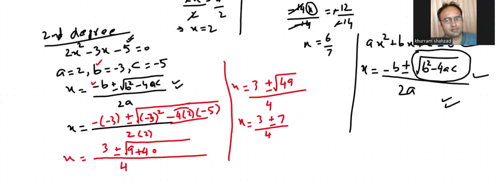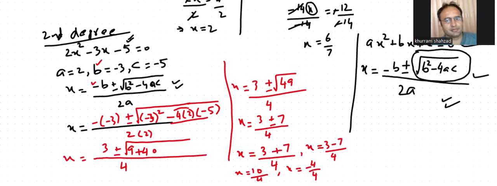So what is x? X is actually equal to 3 plus 7 divided by 4, and x is equal to 3 minus 7 divided by 4. So this is 10 by 4, and this is equal to -4 by 4.